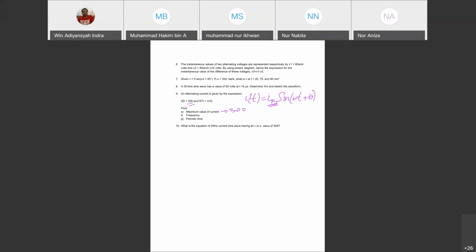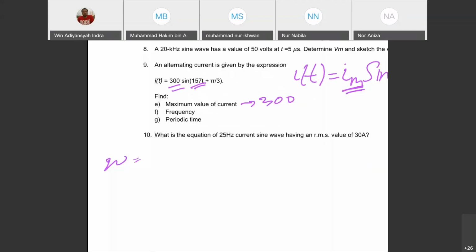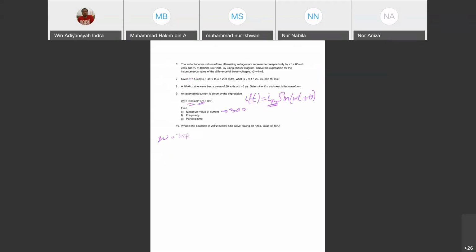Frequency: from omega equals 2 pi f, so f equals 157 divided by 2 pi.